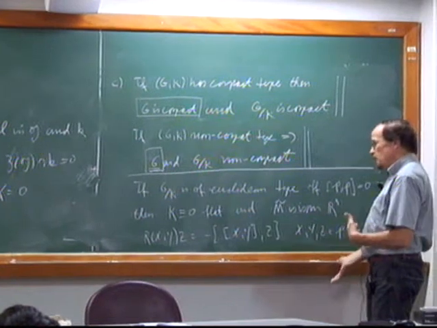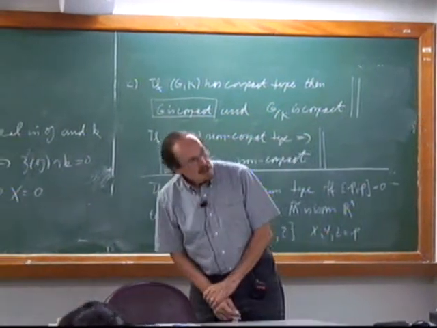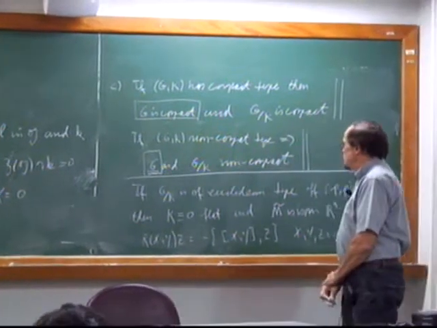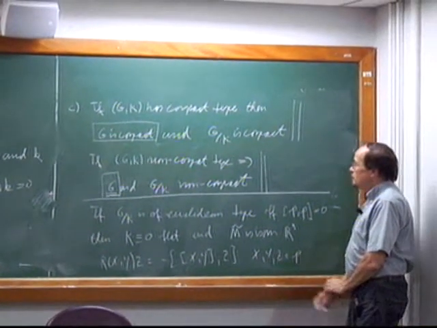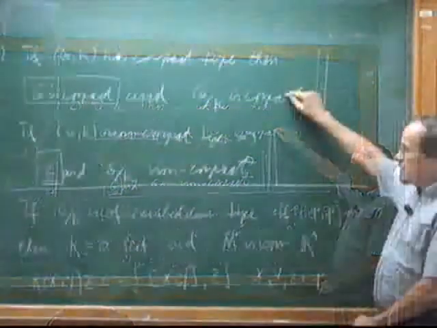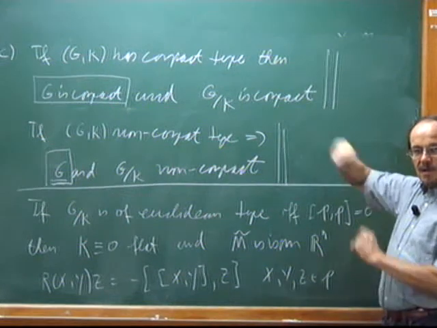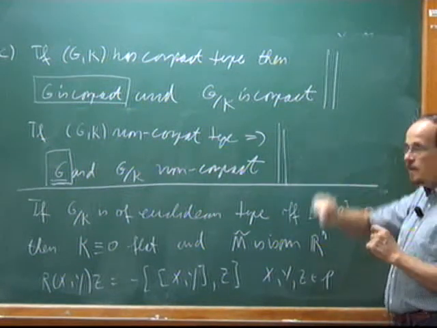So division into compact manifolds and non-compact manifolds. And we're going to see next week that there's a beautiful duality between the two. I can go from compact type to non-compact type in a very natural way, and the other way around. There's a one-to-one correspondence between the two.